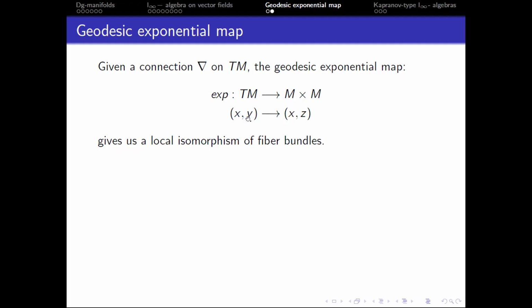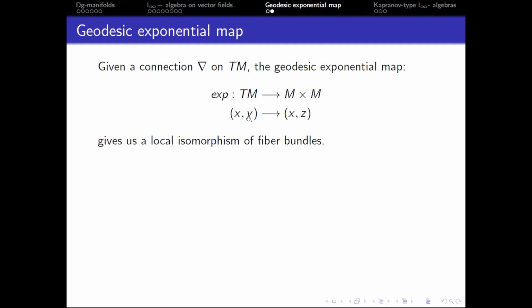Basically, let's consider some initial data: a point x in the manifold M, and some vector, some velocity. If I consider this problem of the integral curve, I consider the geodesic that starts at this point x and has this initial velocity.